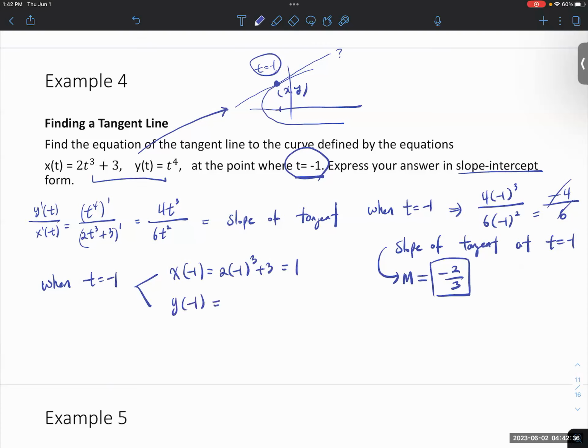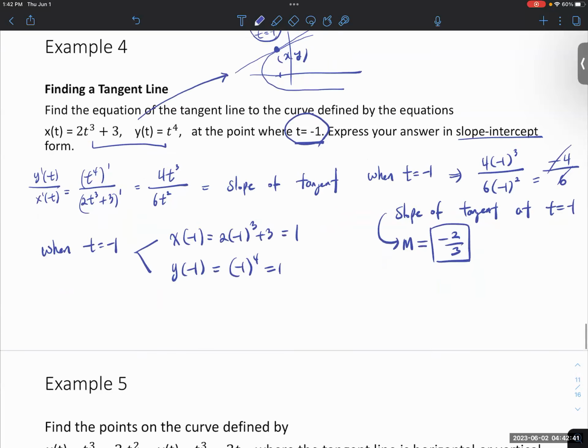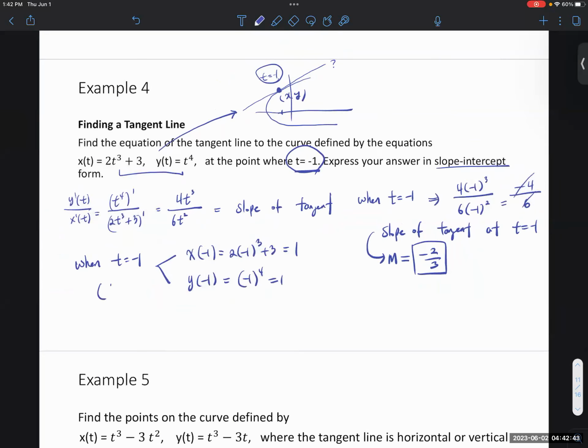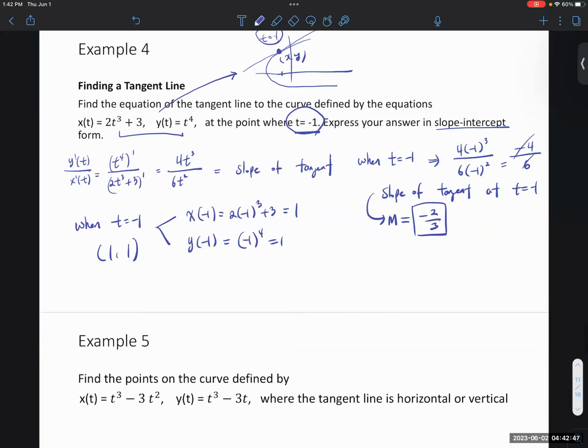For y, when t equals -1, (-1)^4 is 1. So when t equals -1, it's passing through (1, 1). So we can complete the tangent line: y = -2/3 x + b. And you plug in (1, 1) into x and y, you can solve for b.